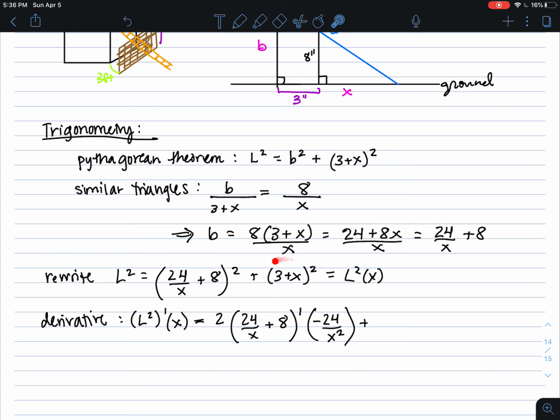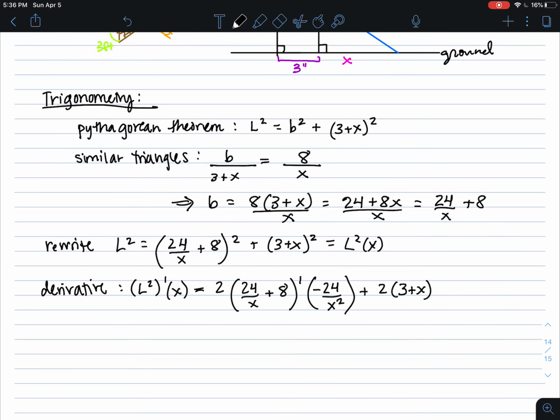And then we add it to, this is another function within a function. We bring down our 2, leave the 3 plus x. But the derivative of our inner function is just the derivative of x, which is 1. So we don't really need to worry about a chain here.